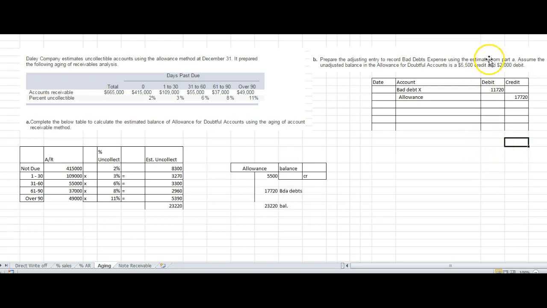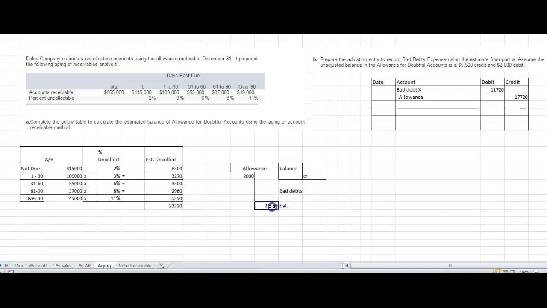Now, but then they ask us to flip that. Okay, so now they say, well, what happens if we don't have a balance of 55, but we have a debit balance of 2,000? And I still need this. So what would be my bad debts entry then? What would be the balance?